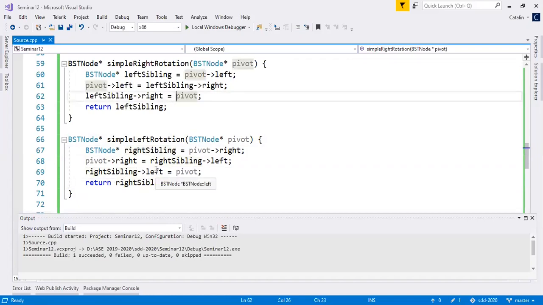Now what you need to do is the double rotation, which is actually a combination of a simple rotation on the child in the opposite direction of the unbalanced, and after that the simple rotation. Okay, but the double rotations are actually based on calling simple right rotation on different siblings. And this is it. You call these functions here.